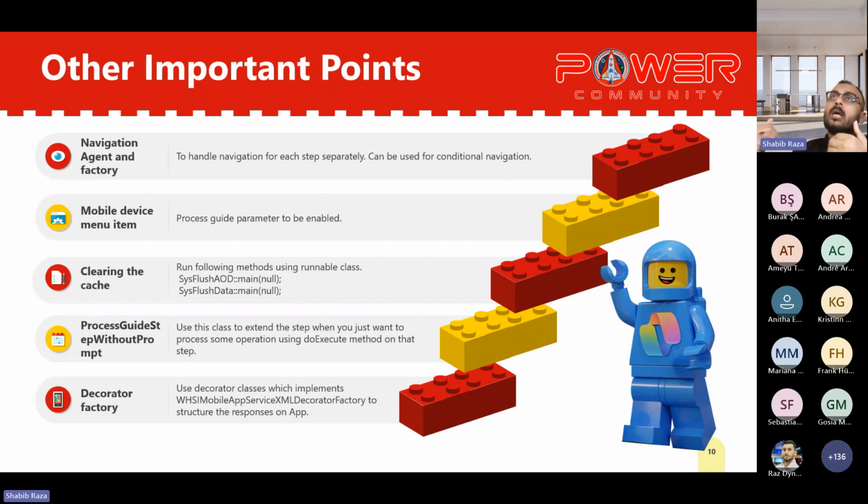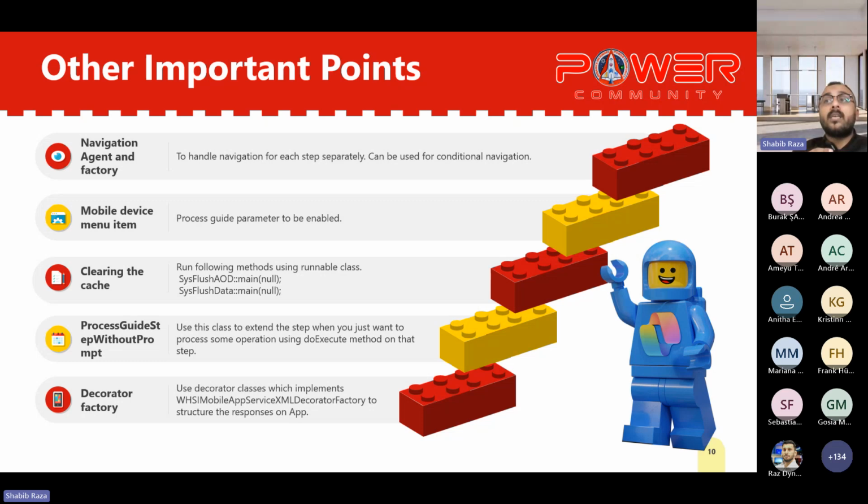It is helpful when you have to decide multiple things within the movement of the step. Like you have to define some decision. Let's say that if the quantity is greater than 0, go to step this, otherwise go to step that. So in that case, you can use navigation agent, but it is not mandatory.